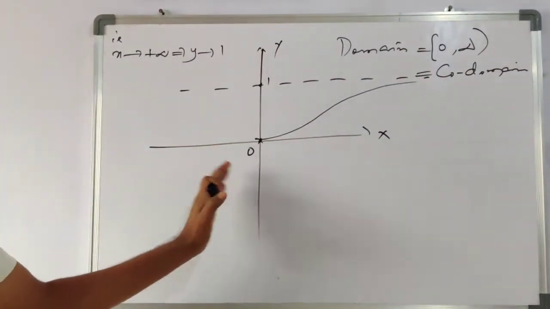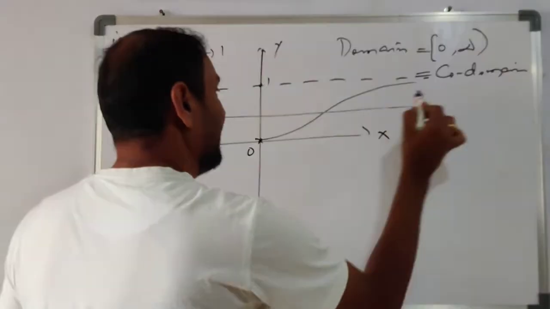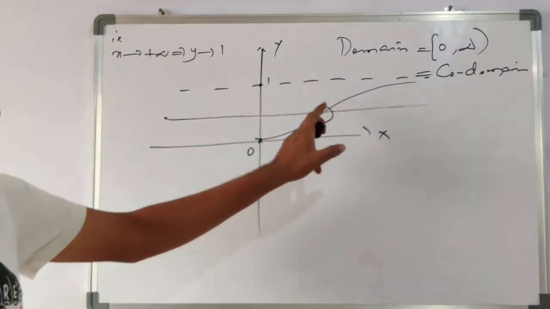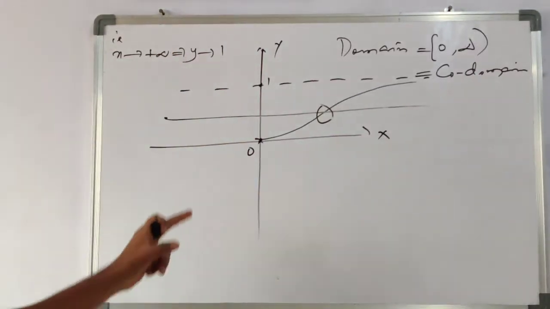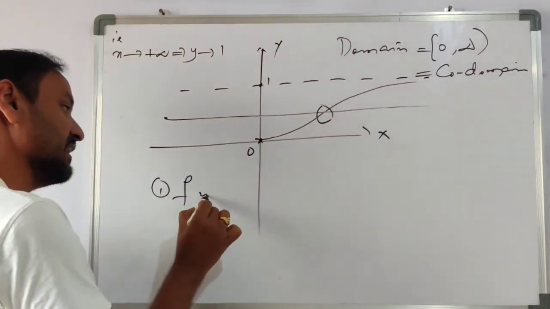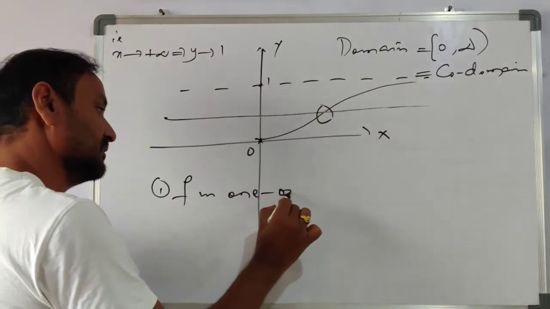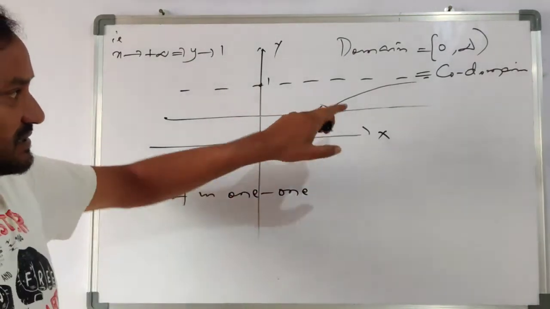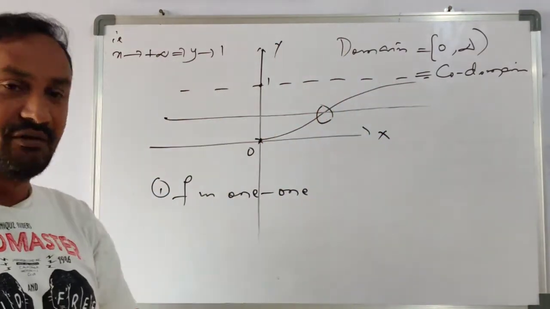So when you observe this graph, take any line parallel to the x-axis. Clearly this line is intersecting the graph at only one point. So f is one-one, because the line parallel to the x-axis intersects the graph at only one point.